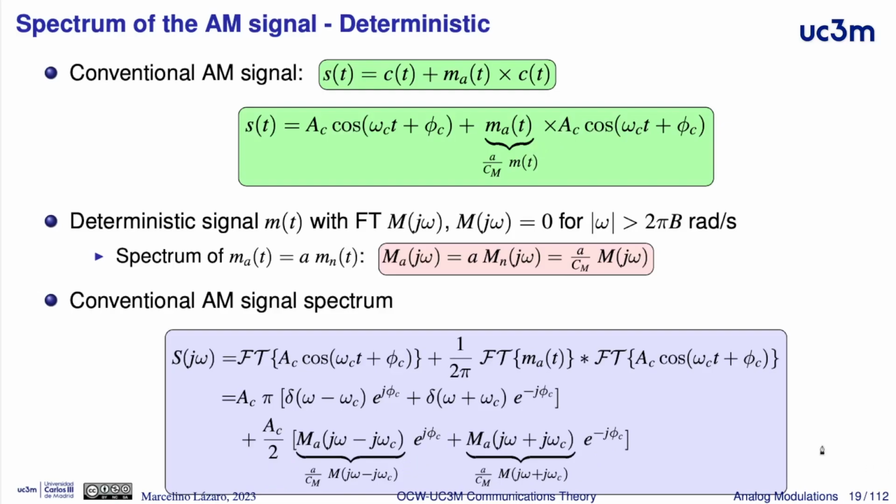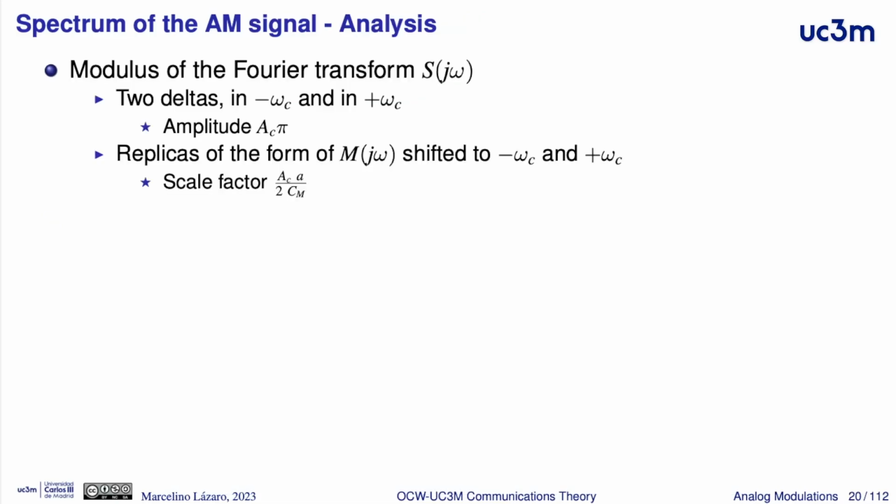If we analyze now this expression, what we have is that the Fourier transform of a conventional AM modulated signal is given by a pair of deltas at plus and minus omega c and 2 shifted replicas of the spectrum of MA, shifted plus and minus omega c. This is summarized here.